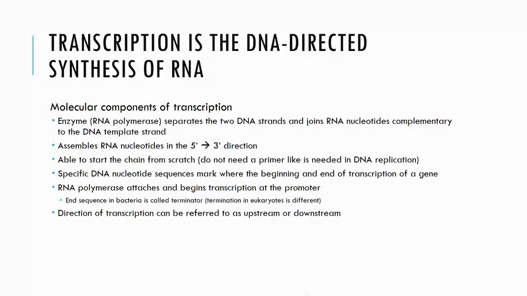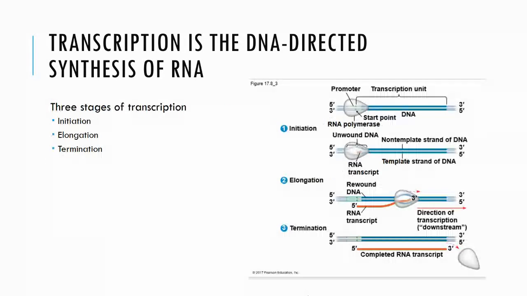The direction of transcription can be referred to as upstream or downstream, depending on which strand is being used and which direction the process is going. There are 3 stages of transcription: initiation, elongation, and termination. You can see in figure 17.8 a general picture of all 3 of those processes that we will now look at in detail.